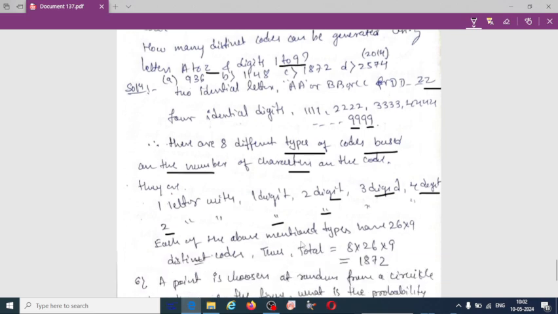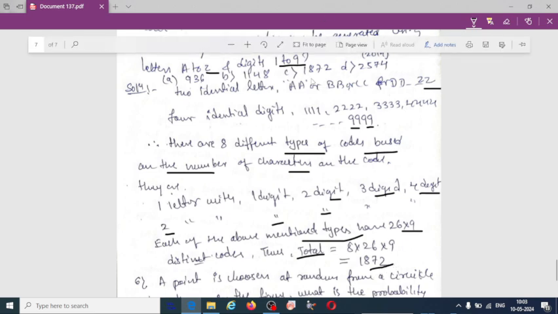So each of the above mentioned types has 26 into 9, totally 26 letters and 9 digits. So there are 8 different types of codes, 8 into 26 into 9, how much? 1872. So questions are a little bit twisted and complicated. You need to solve carefully.